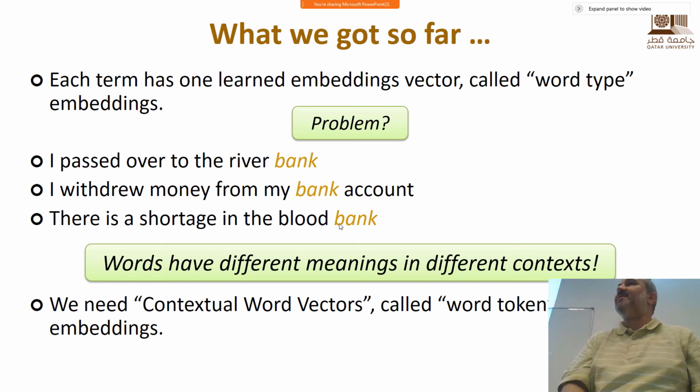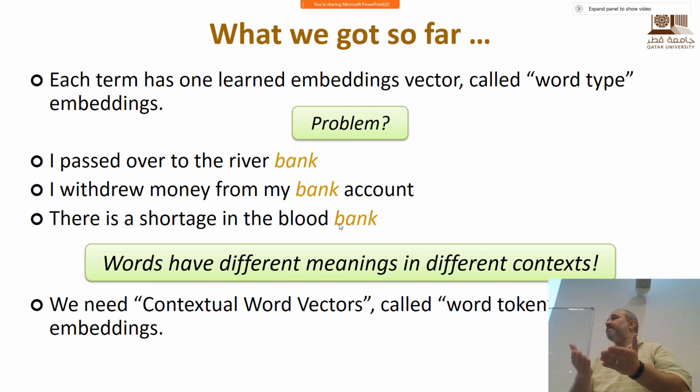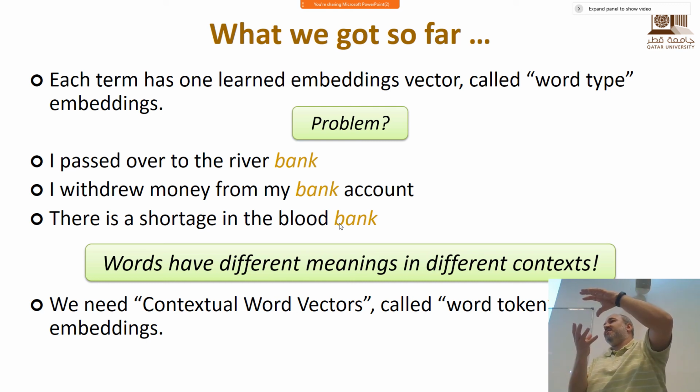If we give these sentences to the training model, it will learn one embedding for bank that captures all of the contexts of that bank together. It will give us one vector that encodes all senses.